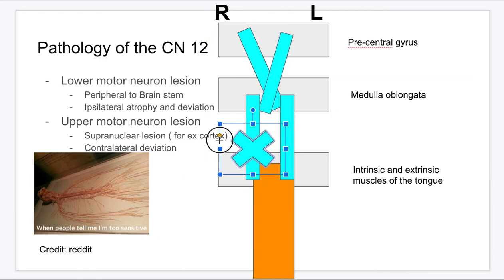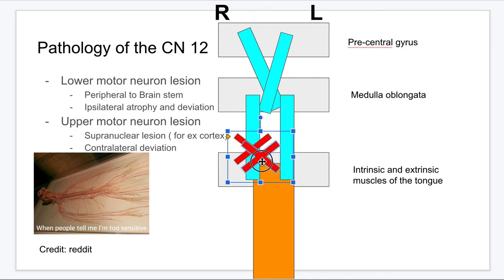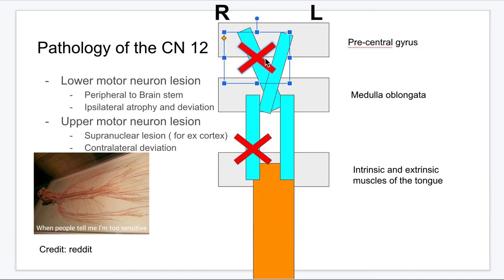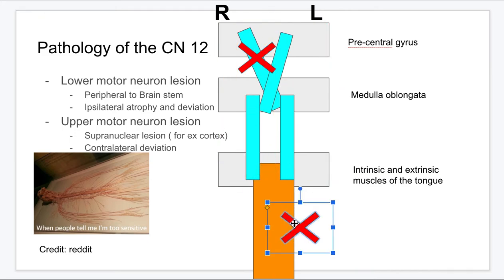If it compresses this nerve ipsilaterally, then the pathology will also be ipsilateral, so we get the pathology on the same side of the tongue. But if it compresses this part of the fibers, then the pathology will be on the contralateral side. So if it affects the right fibers, it will be on the left side of the tongue.